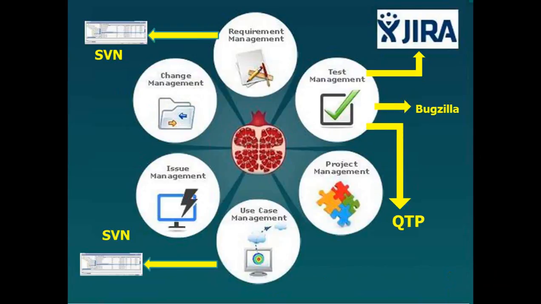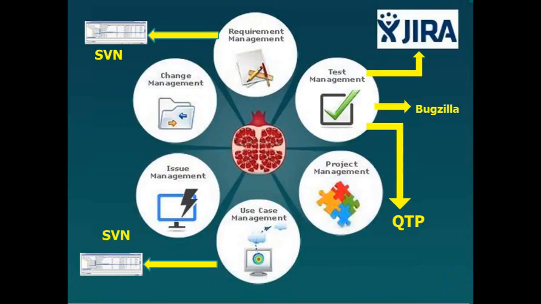You can either execute your tests manually, or you could push the automated script from within the test management component of Rommana to QTP, and QTP will execute it, and the results will come back to Rommana ALM, such that you can generate all kinds of reports about the results of the automated test execution.